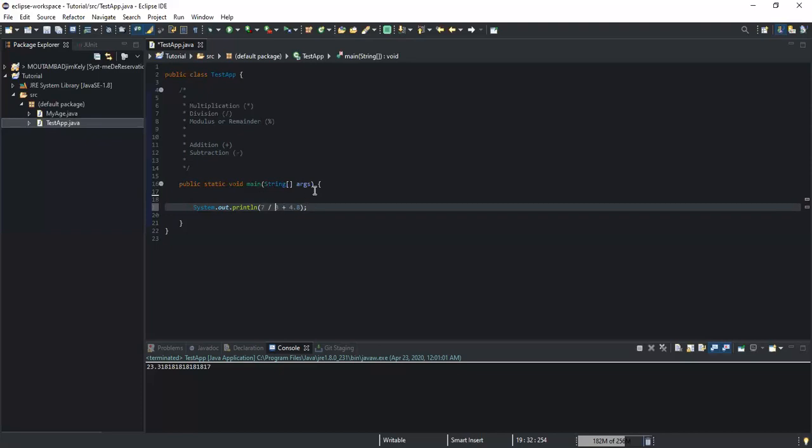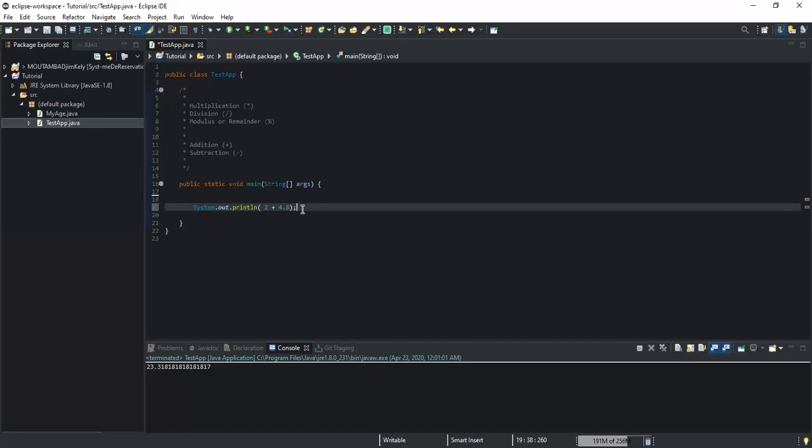Let me give a very simple example. In this expression, I have 2 plus 4.8. This is a mixed expression. We have an integer and then a decimal number.